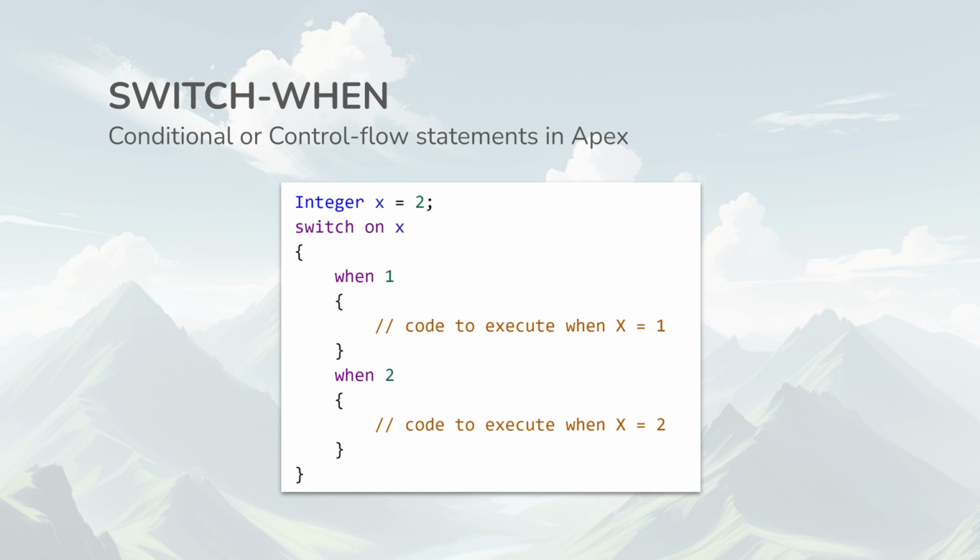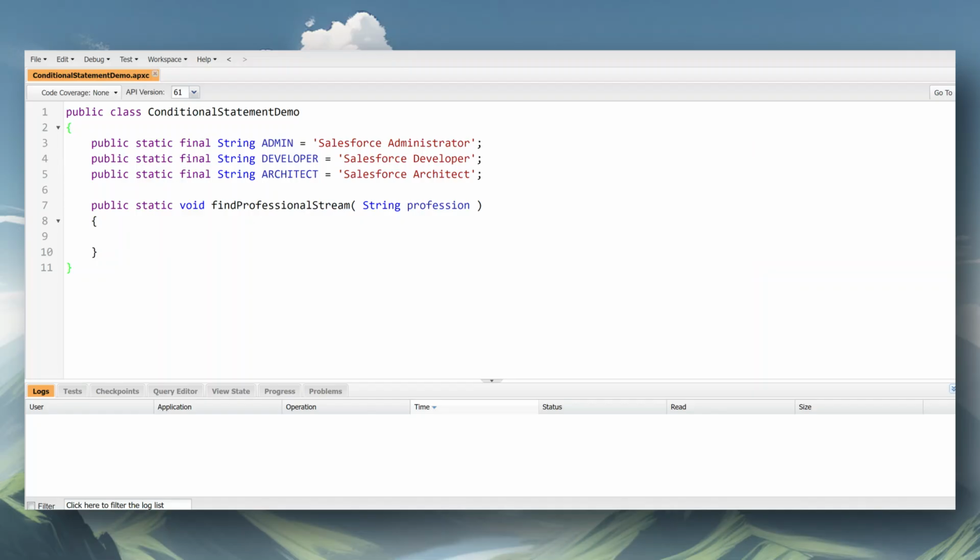So this switch when statement means that first evaluate the value in the variable x. If that value exactly matches 1, it will execute the block of code after the statement when 1. If the value of x is exactly equal to 2, then the block of code will execute which comes after the statement when 2. Let's try to understand this with an example.